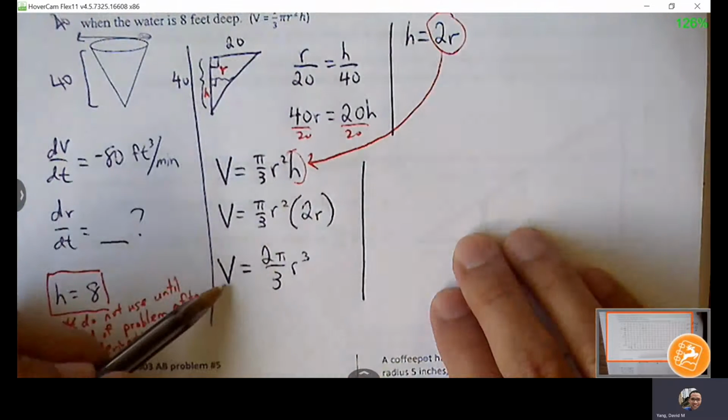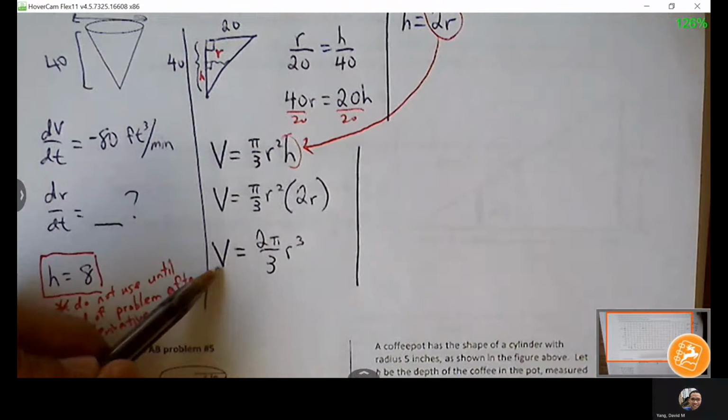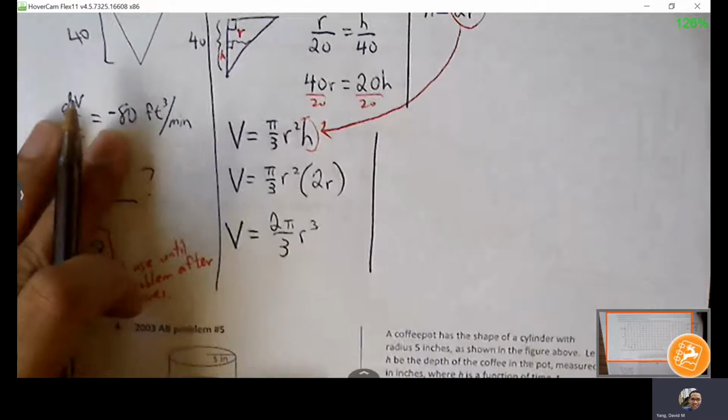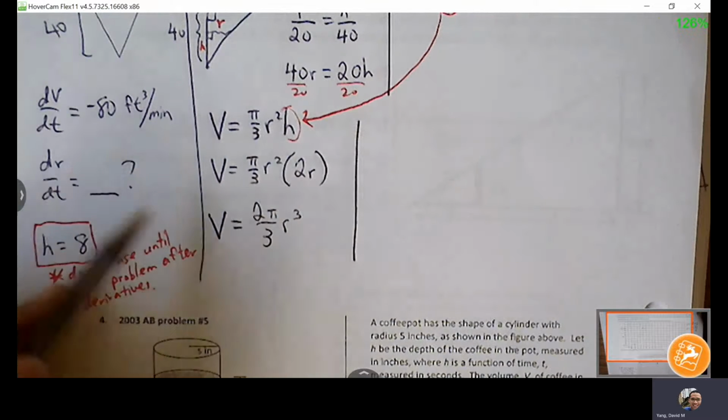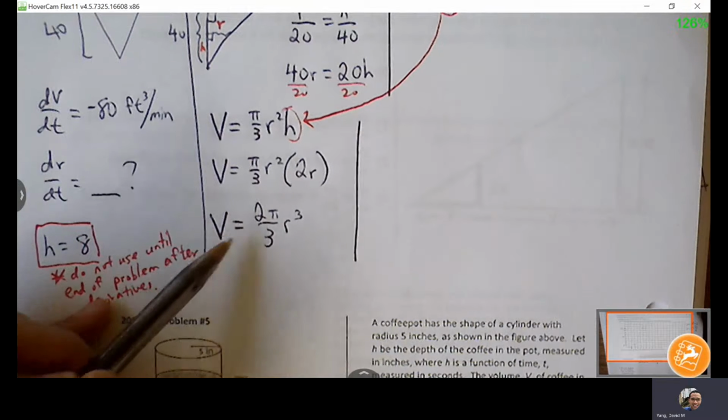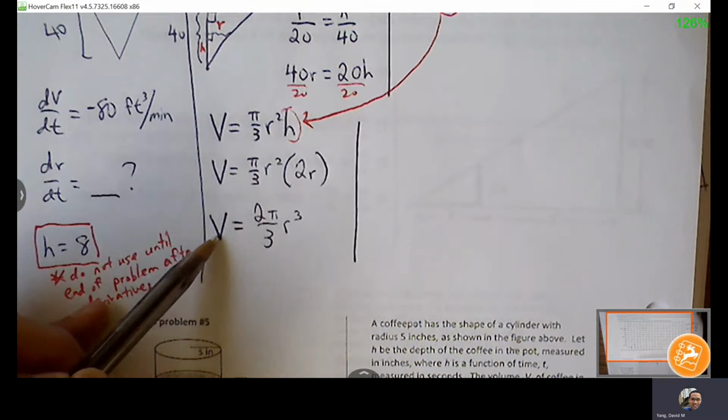V becomes? I'm going to find the derivative first, and then we can worry about the substitutions. So V becomes the derivative.